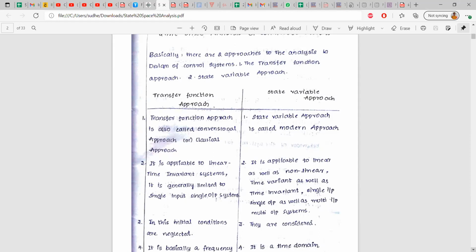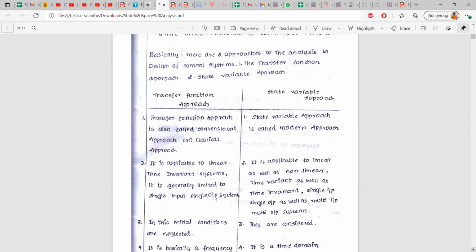Here in state variable analysis, we are considering those initial conditions also. Initial condition means the system is at rest. Before the system starts, if there is any inbuilt data in it, that data also should be considered.